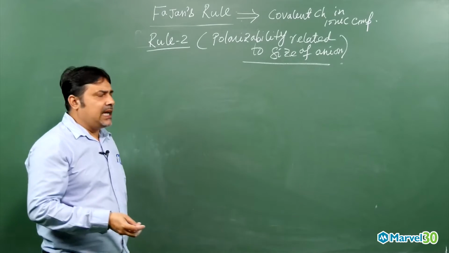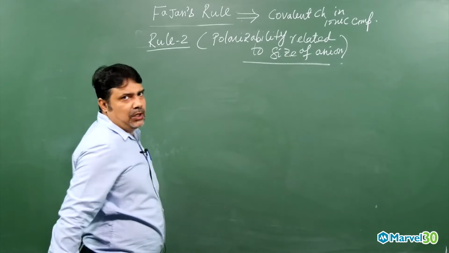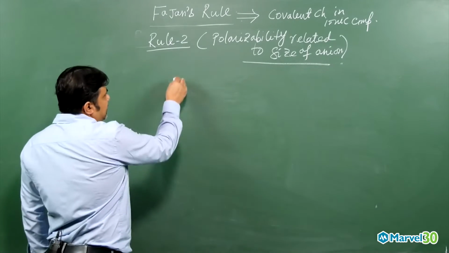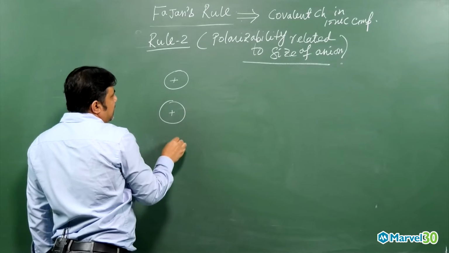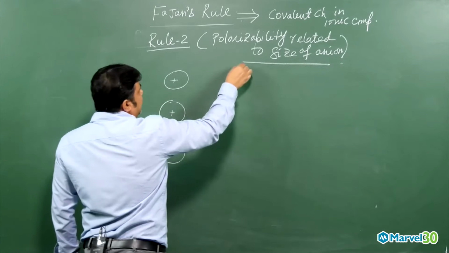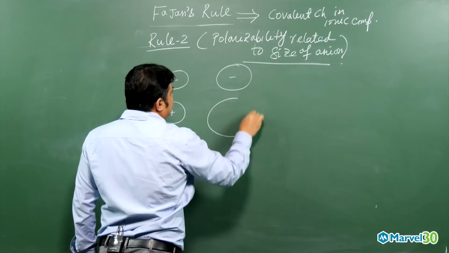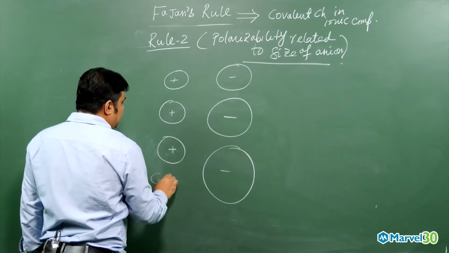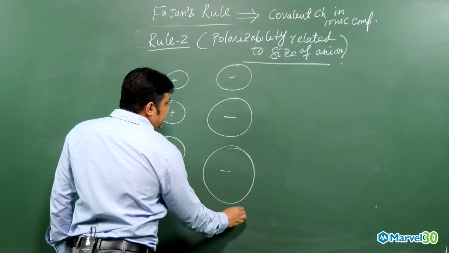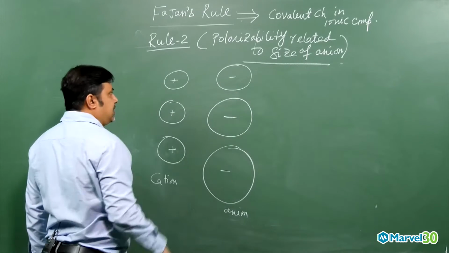If the size of the anion is more, polarizability will be more. Here what is happening? The cation size is the same, but the anion size will be different, like this. This is a cation and this side is the anion.